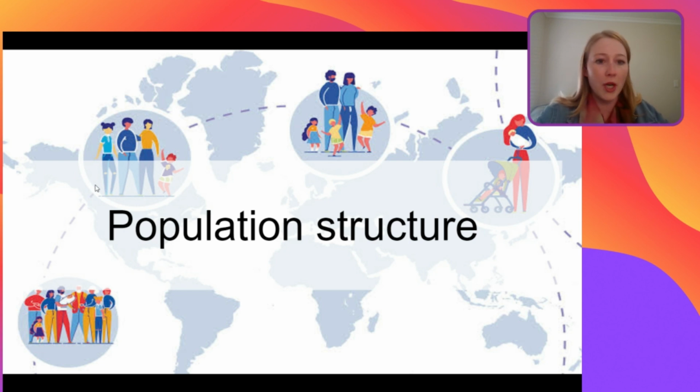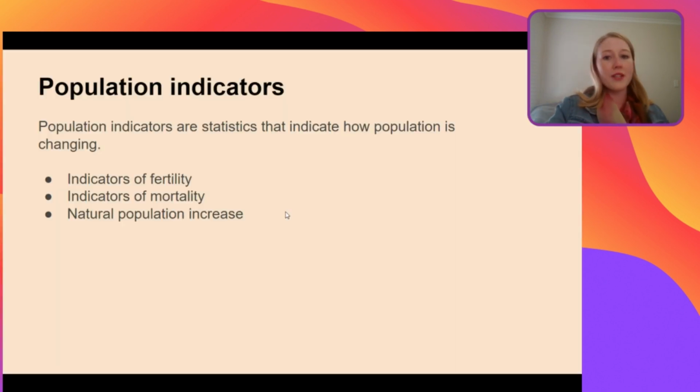So birth rate, death rate, we'll maybe get to infant mortality, those types of things, life expectancy. So anything that will change the overall size of a population. So things that show us about how a population is changing. So we're going to look at fertility indicators, mortality indicators, and then what natural population increase means.